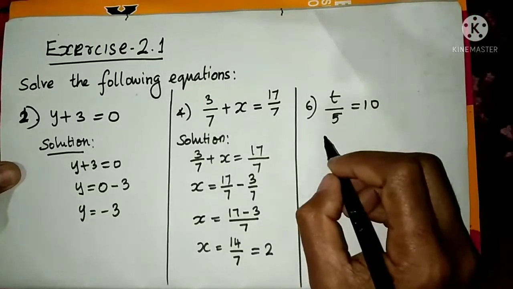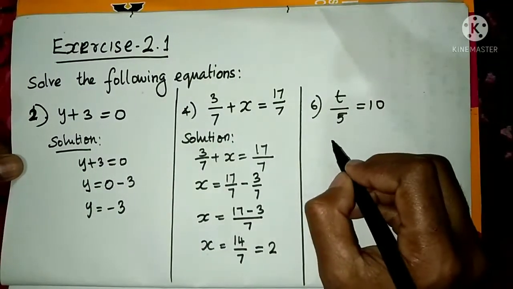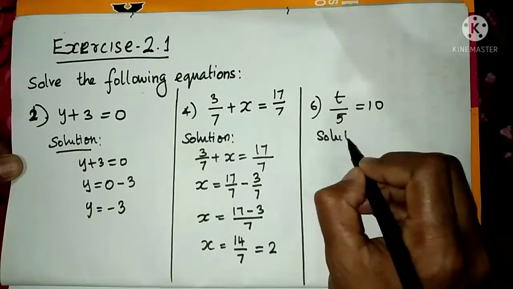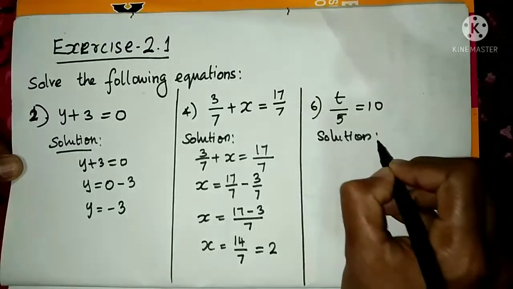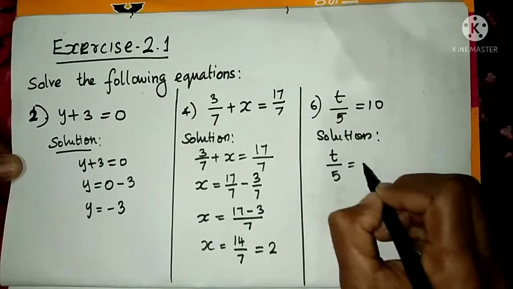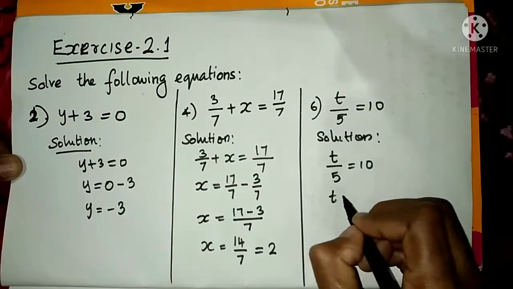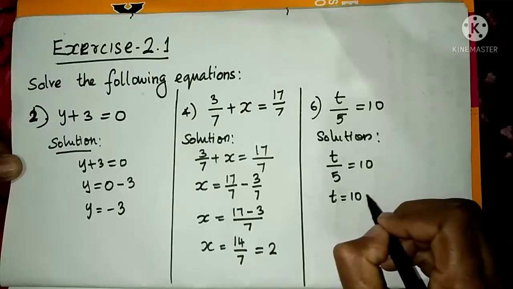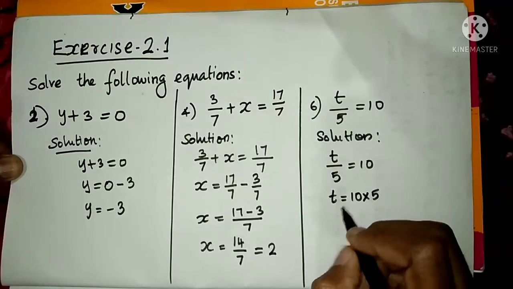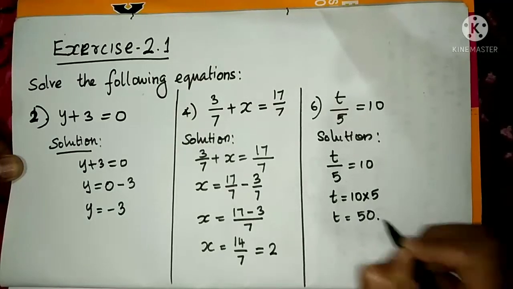Next we move on to question number 6. This one is also a very easy one. So t/5 is equal to 10. When we send this 5 to that side, we get t is equal to 10 into 5, that is nothing but 50.